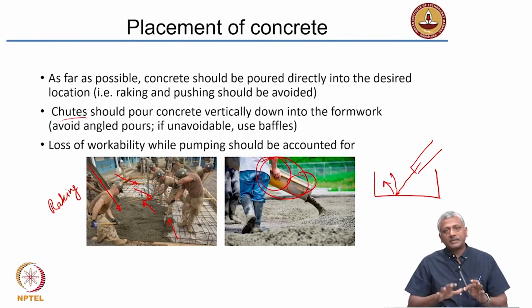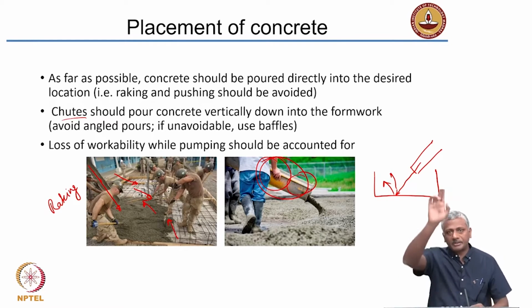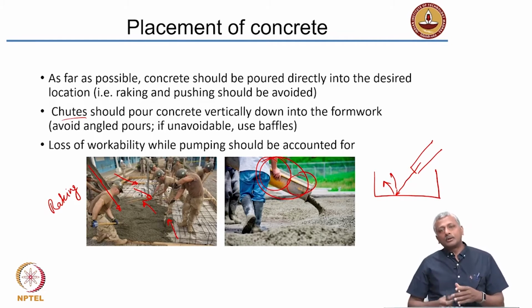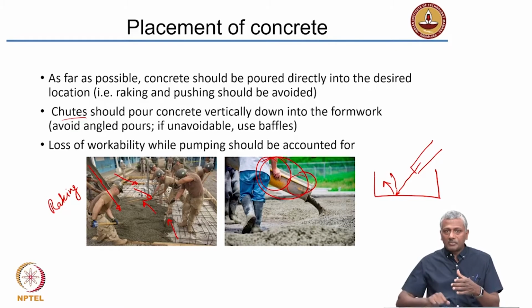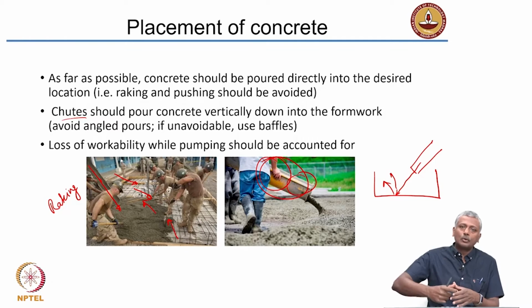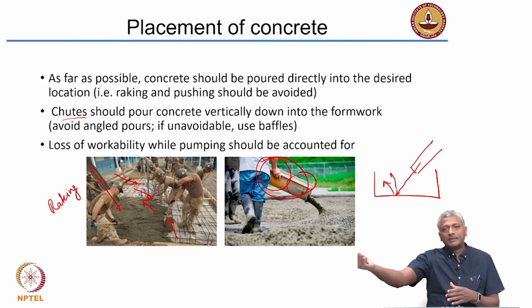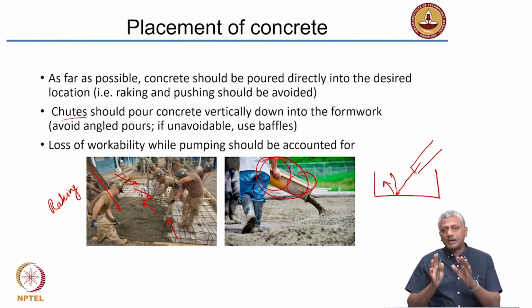A pump applies the pressure and pushes it through the pipe to the top. Now the concrete is flowing through this pipe, and there is bound to be some friction while it is flowing, and that friction can reduce the consistency or workability of the concrete. So that amount of pressure needs to be applied for the concrete to go through the pipe and come out on the 15th floor with still the required amount of workability.